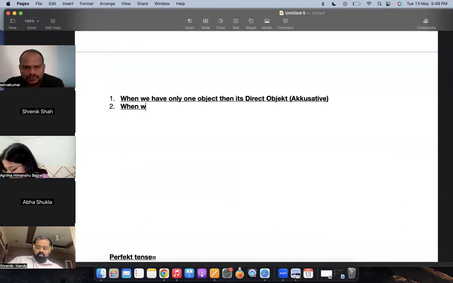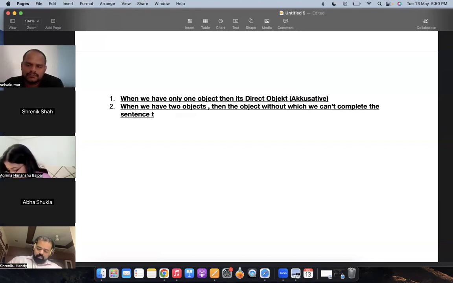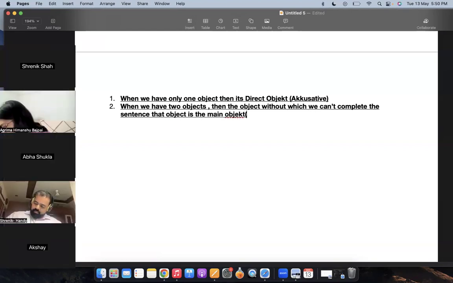Now, when we have two objects, then the object without which we can't complete the sentence, that object is the main object. That means your direct object. Direct object means accusative. And the other object is the indirect object, which is the dative object.